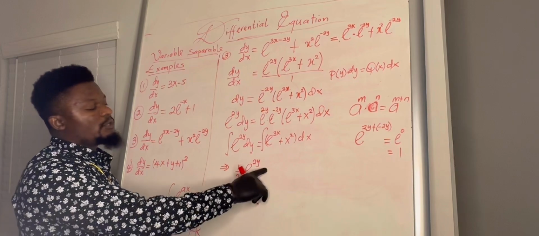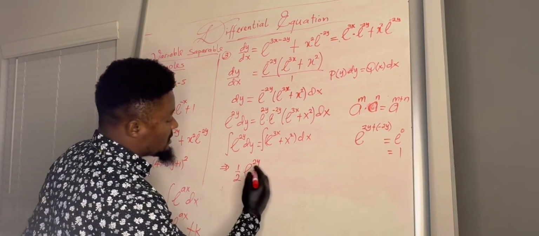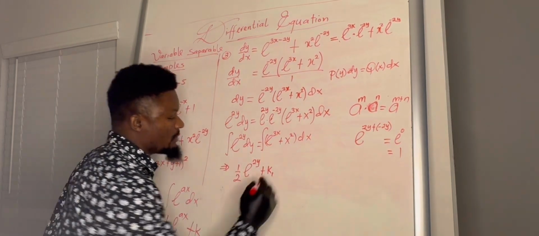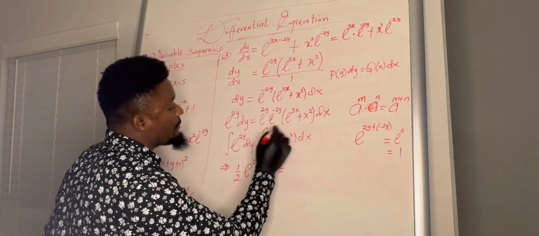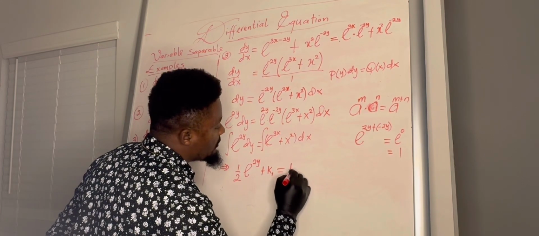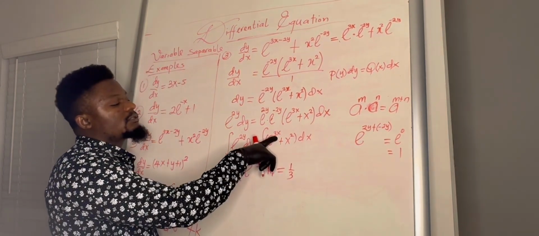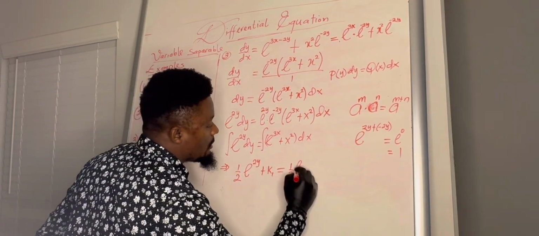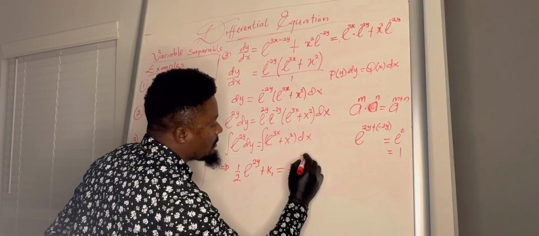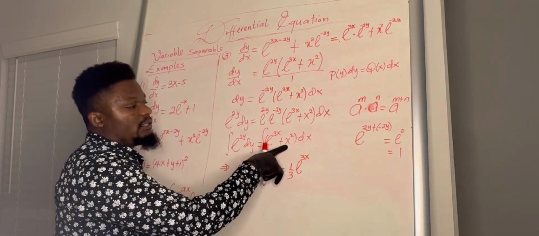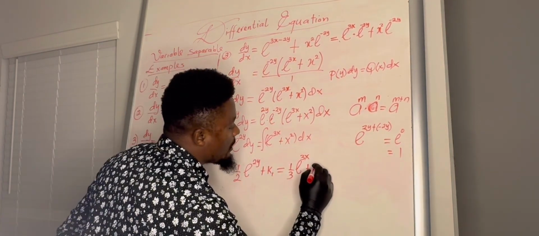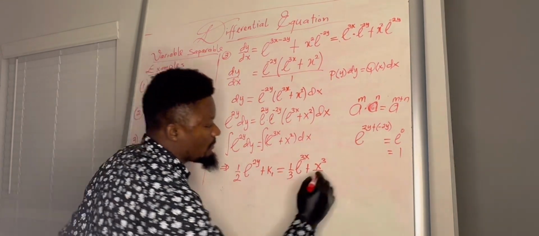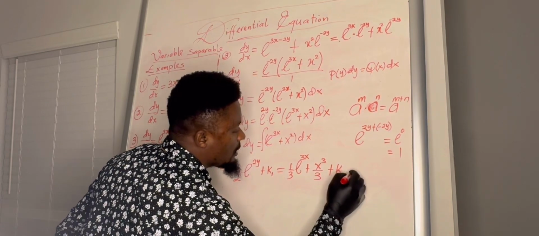Normally, I'm supposed to say plus k, okay? If I say plus k1, that's correct, no problem. I can go ahead and integrate this side. I have 1 over 3 because when I differentiate 3x with respect to x, I have 3. So 1/3 expo of, I maintain the 3x. If I integrate x squared, I have x to the power 3 over 3 plus another constant k2.